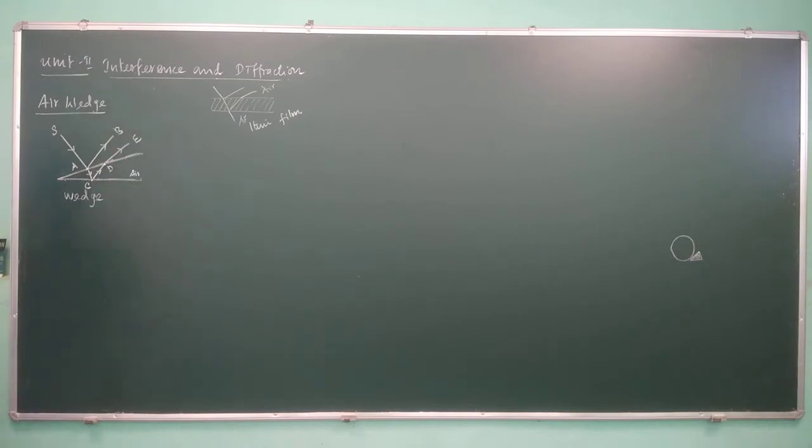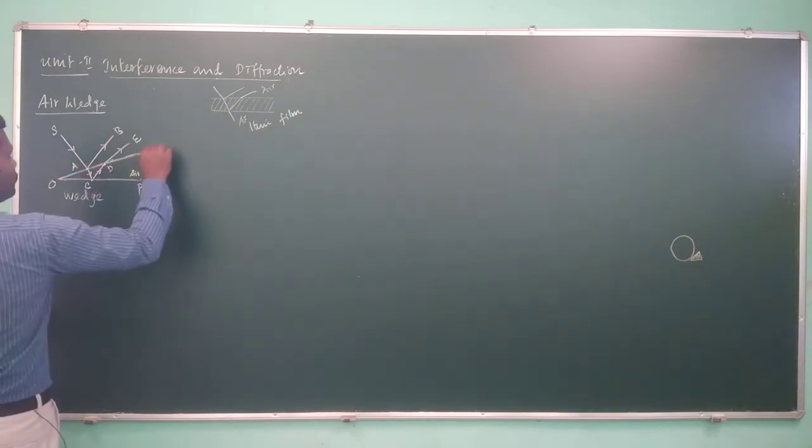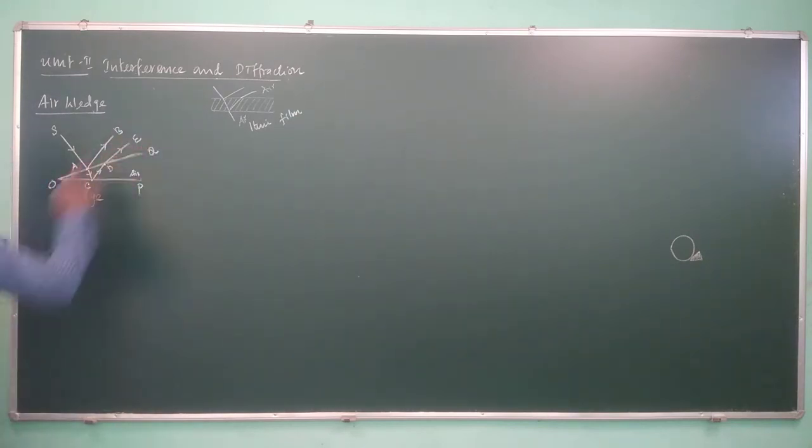Here we can formally define that within this material the air is filled. The edges where the two glass plates meet is called the origin O, and from the origin O the edges of the two glass plates diverge away, so that the opposite ends we can denote P and Q. So OP and OQ are the two glass plates, and both ends meet at one point, the meeting point.